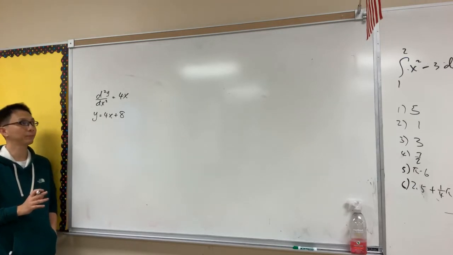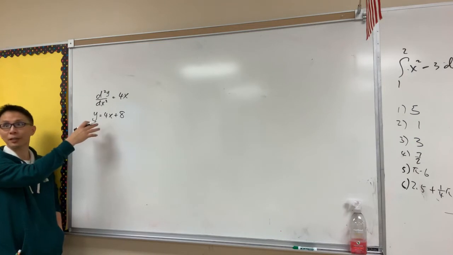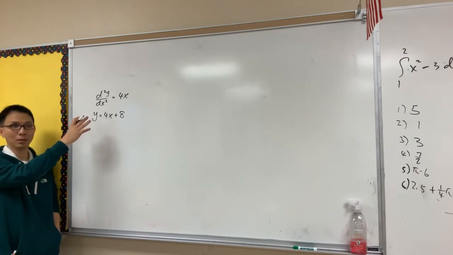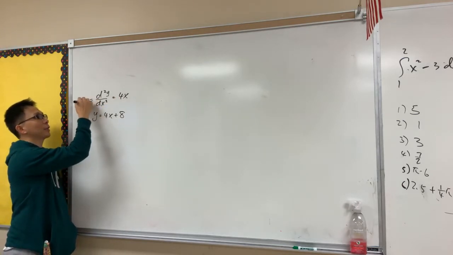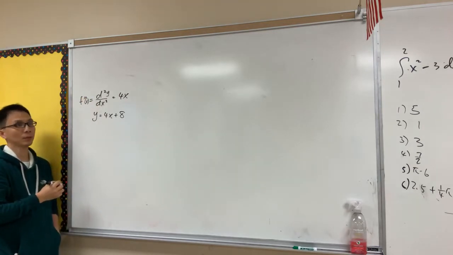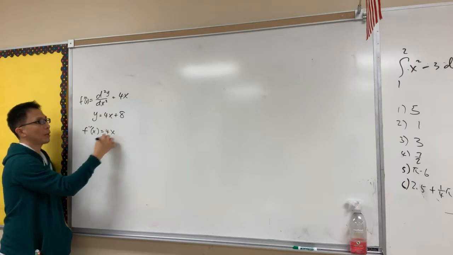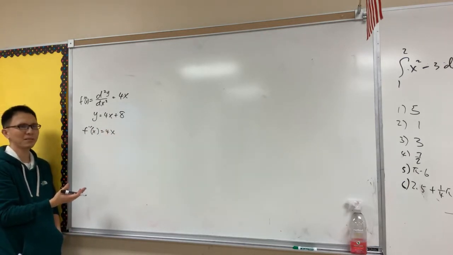At x equals 2, that's given. So they say this one is the tangent line of this graph, right? What that does is, you also notice this is f double prime of x, and f double prime of x is equal to 4x. Now if I integrate it, it's going to be f prime. Does that make sense?